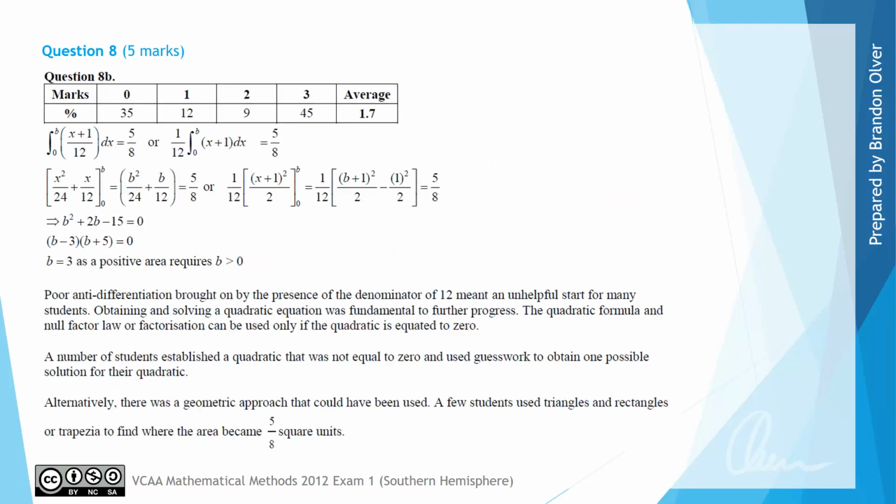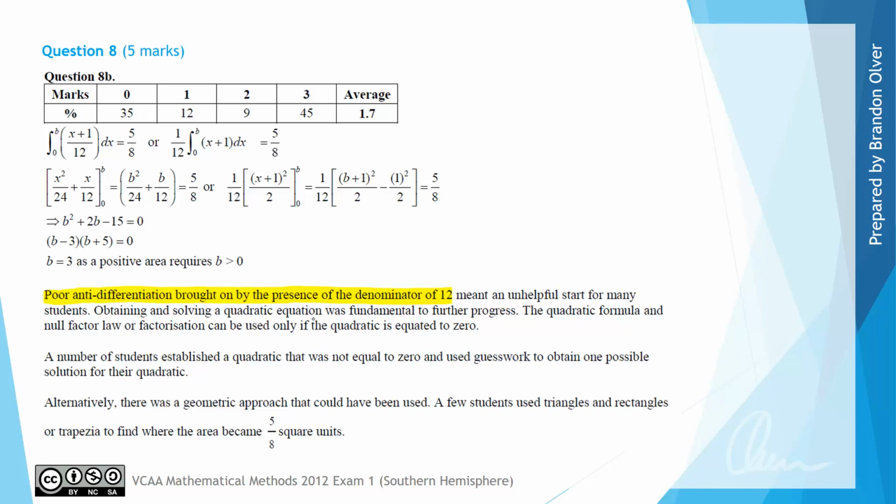From the examiner's report, we can see that 45% of students got the full 3 marks for this question, and that poor anti-differentiation brought on by the presence of the denominator of 12 meant an unhelpful start for many students. We overcame that particular issue on the previous slide by taking the common factor of 1/12 outside the integral.